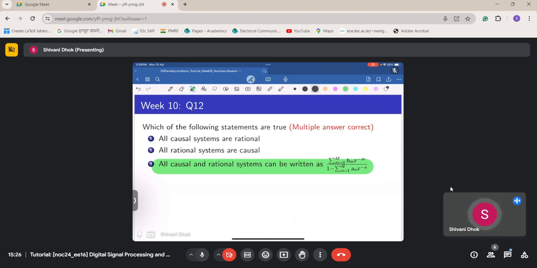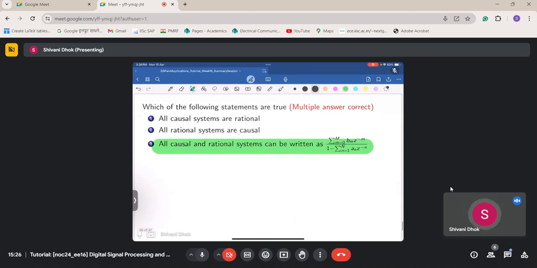Now the question is about the first two statements. The first one says that all causal systems are rational. Let us try to build a counter example if possible for this argument. For that, y of n is equal to sine of x of n, or let's say for that matter, let it be magnitude of x of n. This is causal.